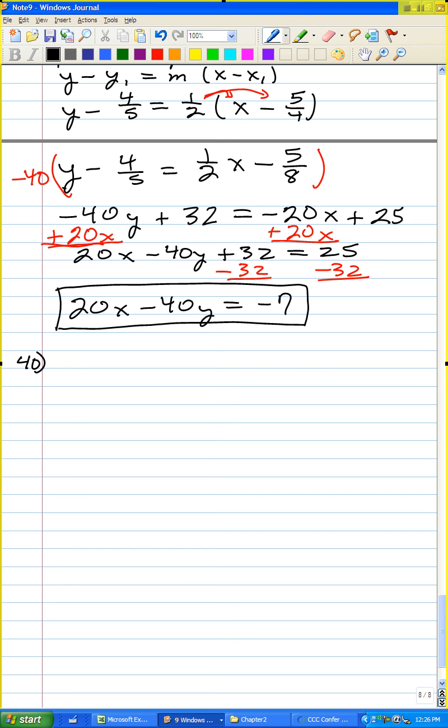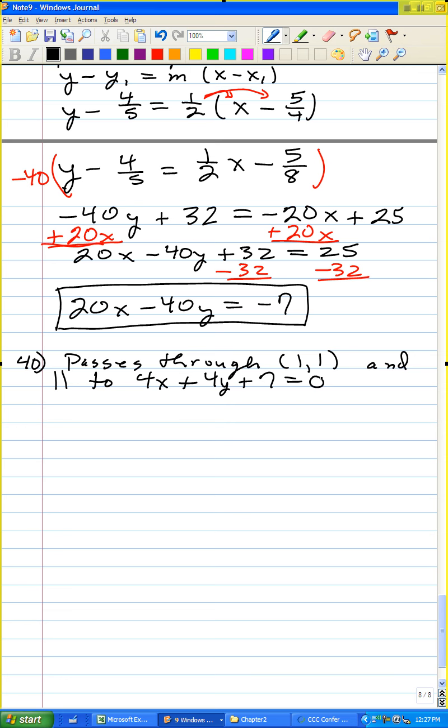And so it passes through (4, 1) and it's parallel to 4x plus 4y plus 7 equals 0. Okay, so let's do that.